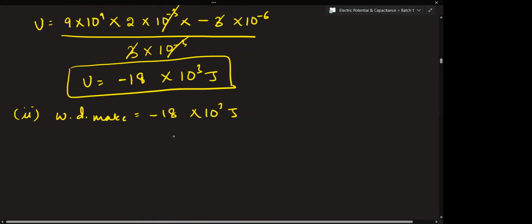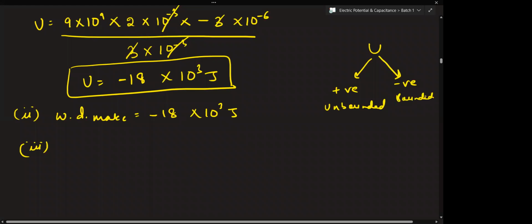Now see, if your potential energy comes out positive, it means your system is unbounded. And if your potential energy is negative, it means your system is bounded. So what kind of potential energy are we getting? Negative or positive?